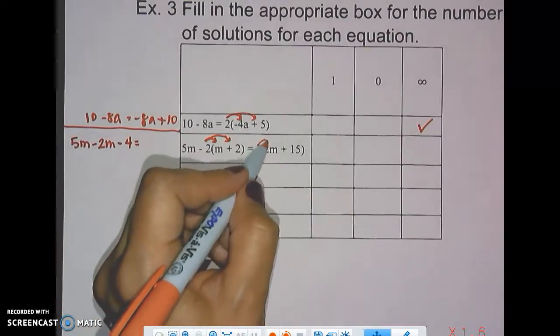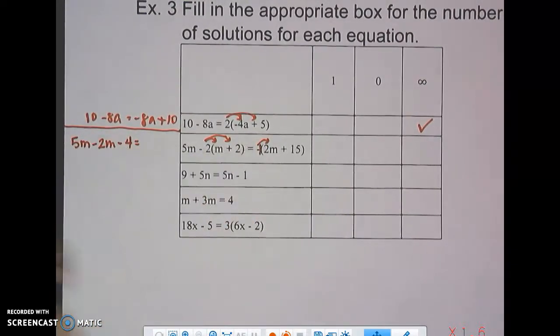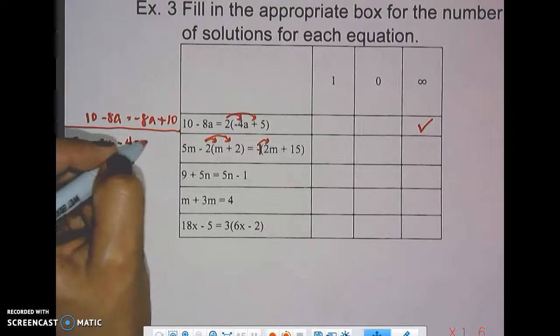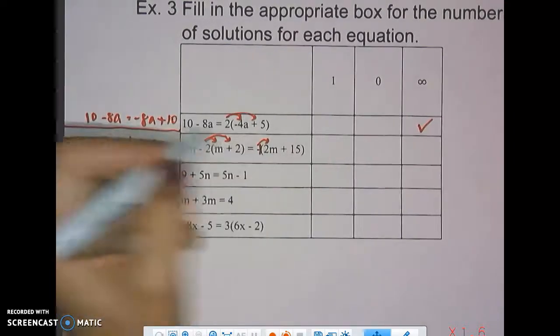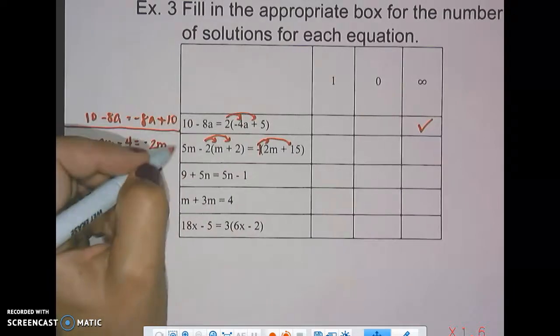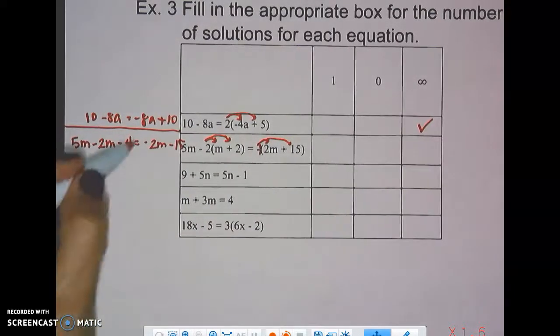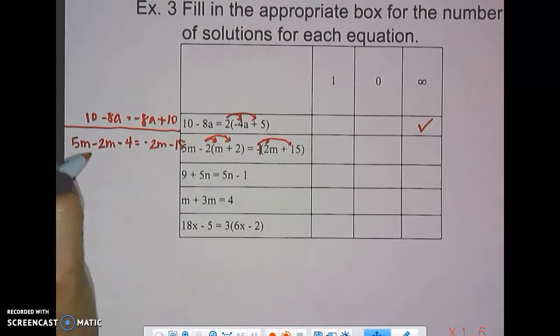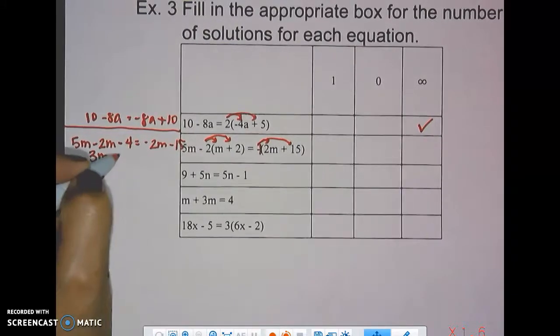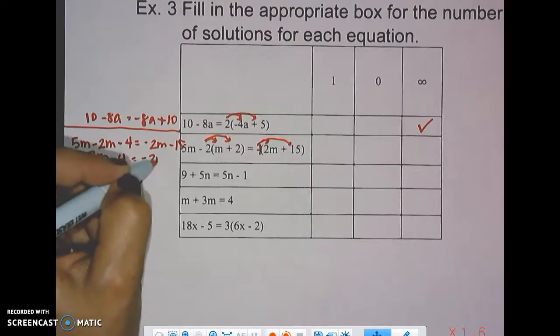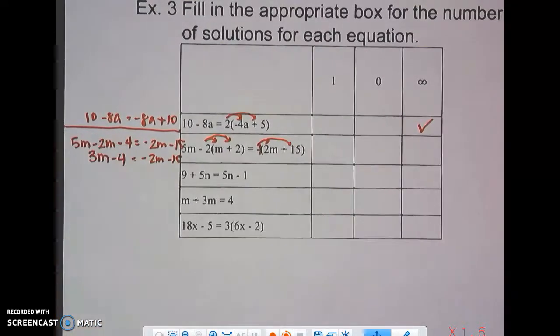On the right-hand side, there is a negative 1 in front of that parentheses, so when we distribute that in, we get negative 2m, and then negative 1 times 15 is negative 15. We still have some simplifying to do on the left-hand side. That means we would have 3m minus 4 equals negative 2m minus 15.